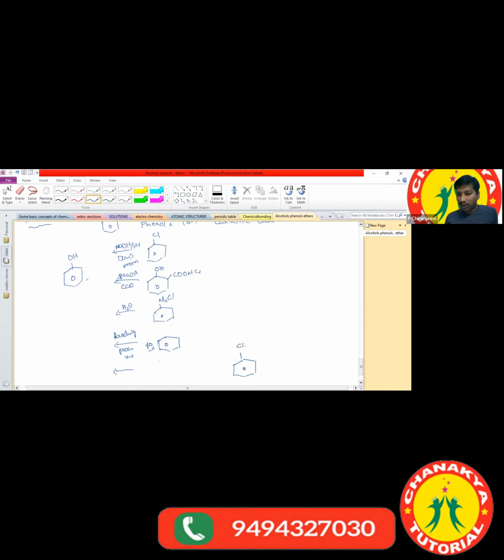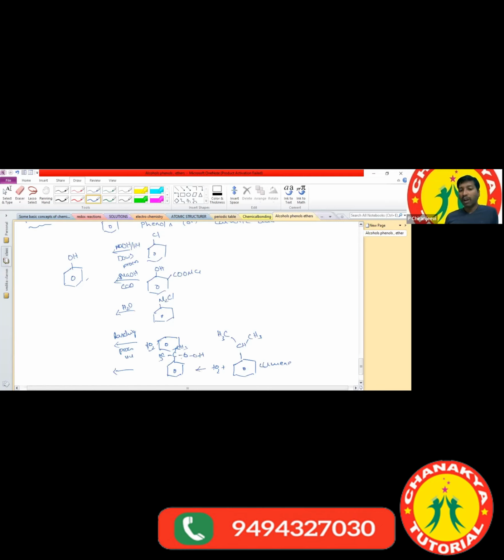Isopropyl benzene is called cumene. This was a previous year NEET question, and JEE also asked it. When cumene undergoes an oxidation reaction with oxygen, first it forms cumene hydroperoxide, that is C bond CH3 bond CH3 bond O bond OH.